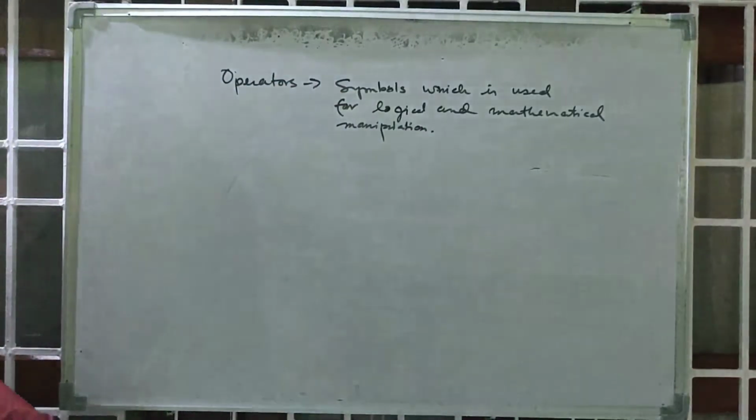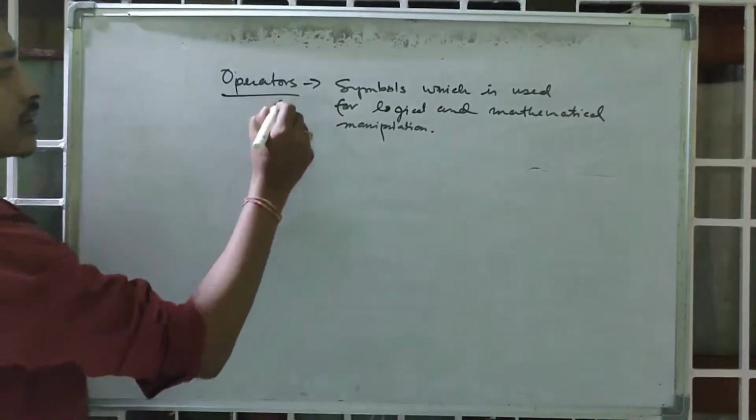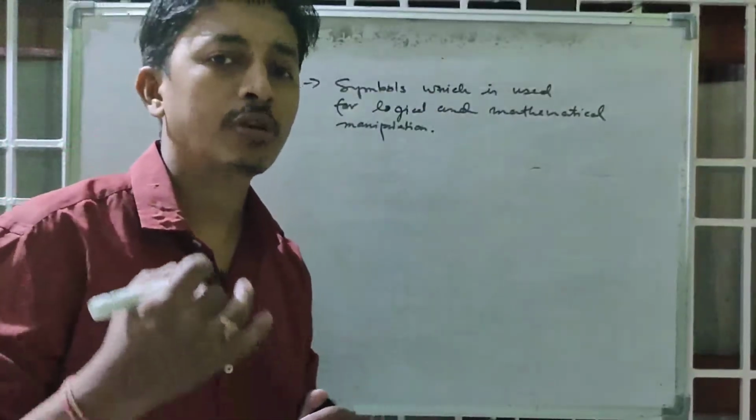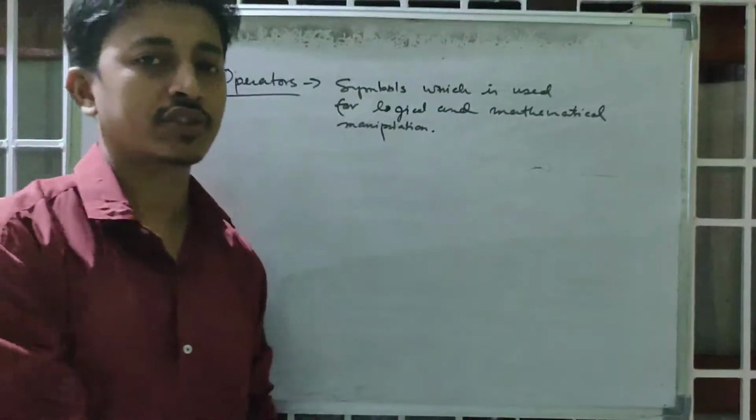Okay, so an operator is a symbol which is basically used to do some logical and mathematical manipulations.